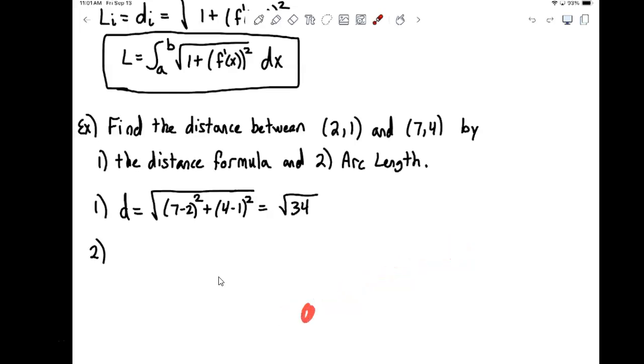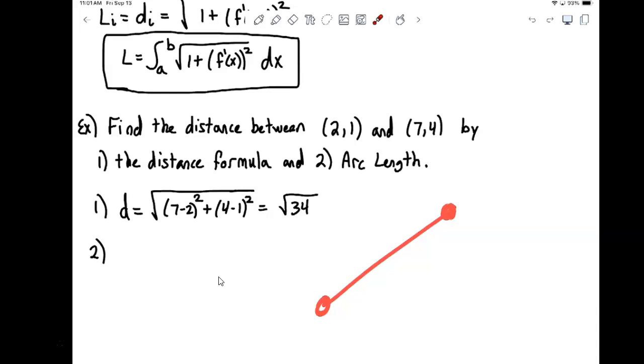I may think, oh, great, I got to go through and find the equation of the line. Actually, we can cheat a little bit, because our arc length formula doesn't care about the actual equation. It just cares about the derivative. So all we need to know is the derivative of the equation of the line.